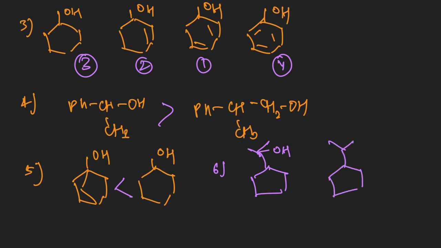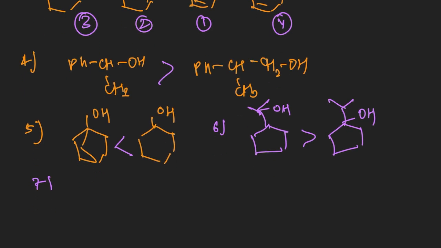So which is going to be more stable? The first is more stable. Then we check the seventh. In the seventh we have this compound and this compound. So the first is more stable because it has more alpha H.